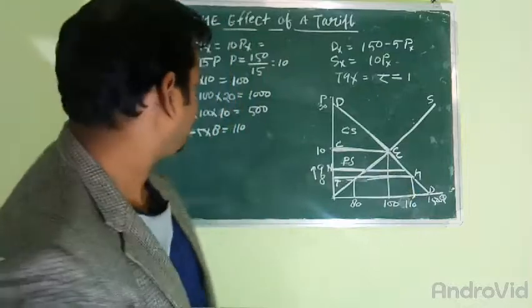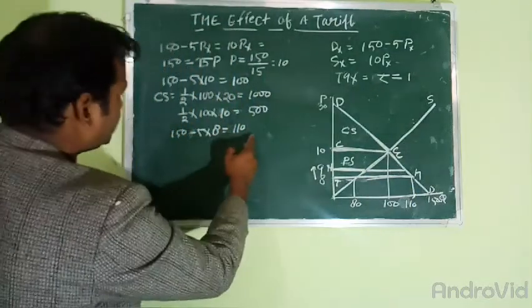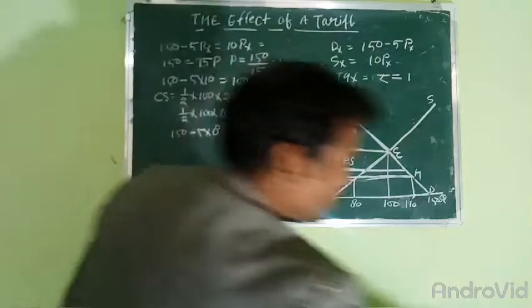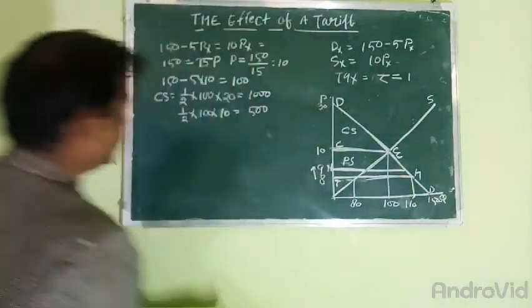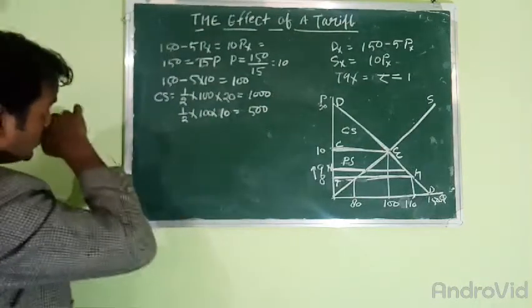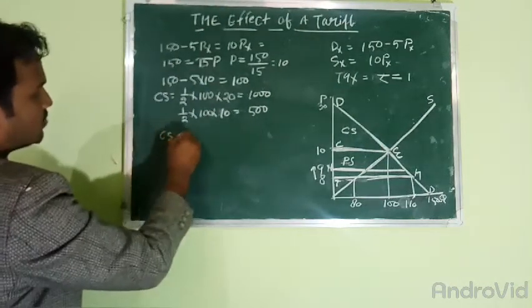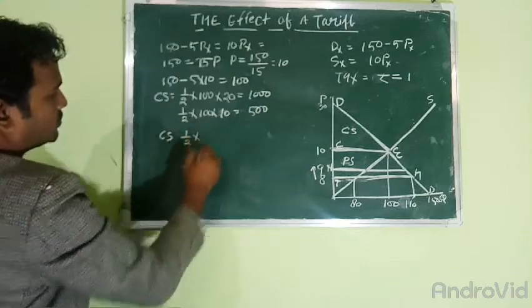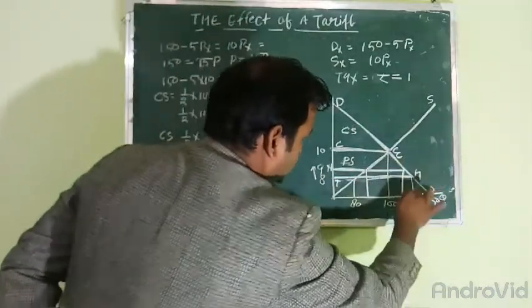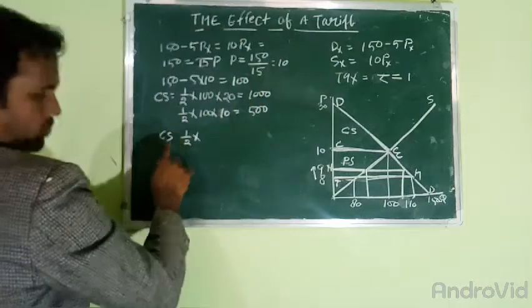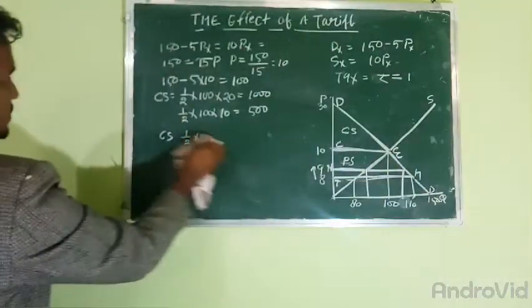Okay, suppose that the government imposed a tax of 1 rupee, then the price is 9 rupees. Find the consumer surplus. You need to find this point. Let's just start first.